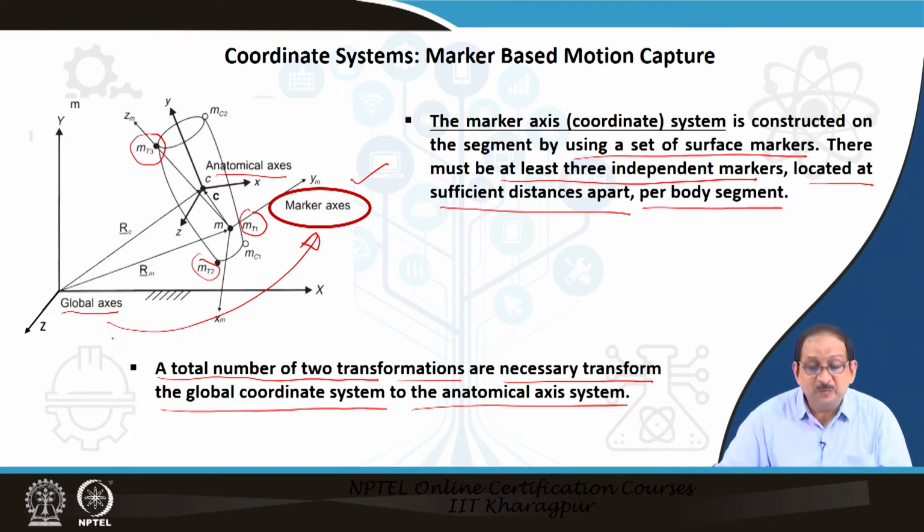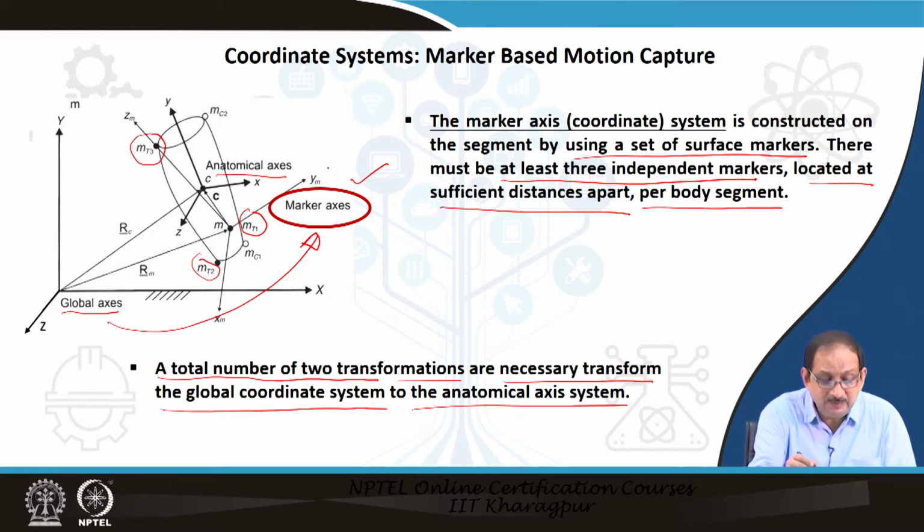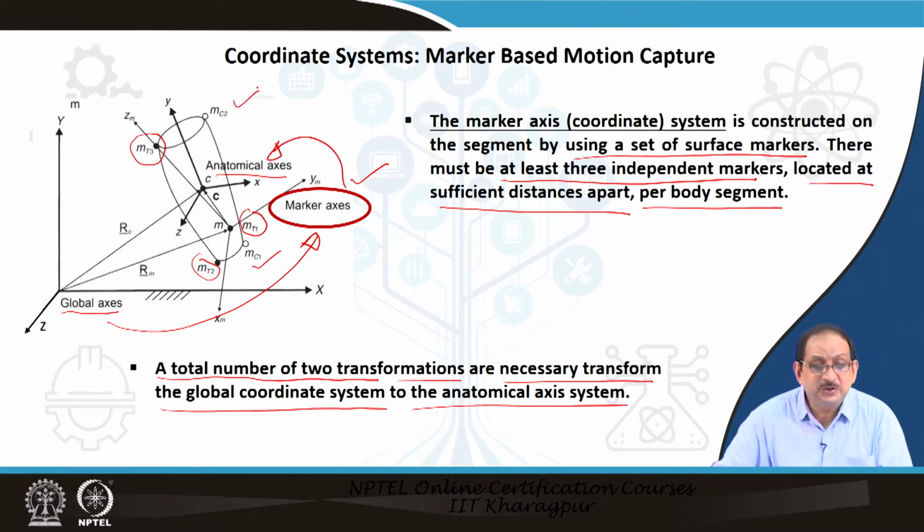The first transformation matrix transforms from global coordinate system to marker coordinate system, and the second one transforms the marker coordinate system to the anatomical coordinate system. Calibration points as indicated by MC1 and MC2 help to define the transformation matrix which transforms from the marker coordinate system to the anatomical coordinate system.